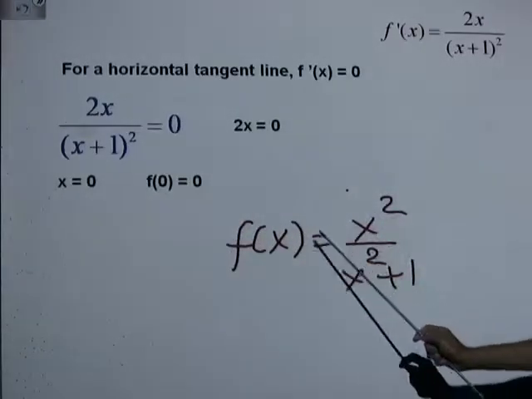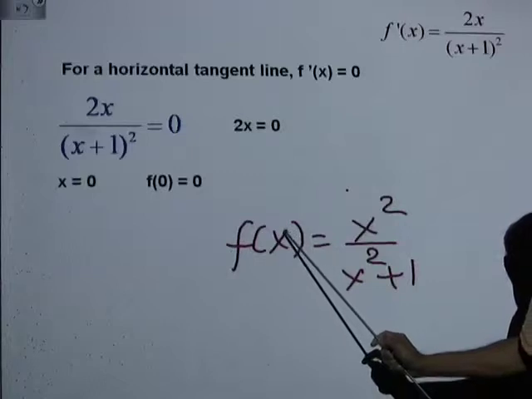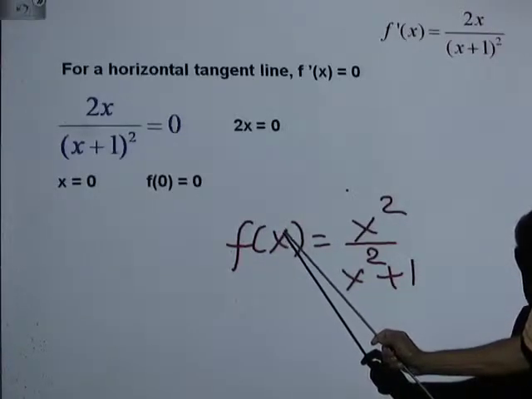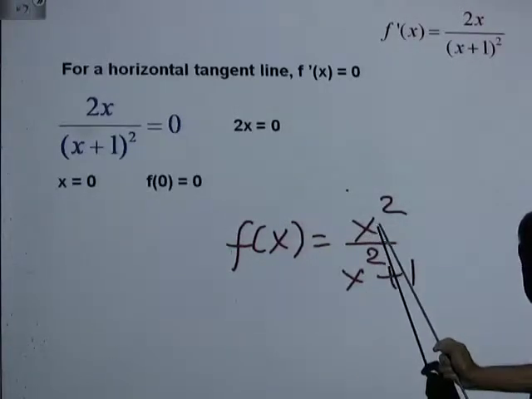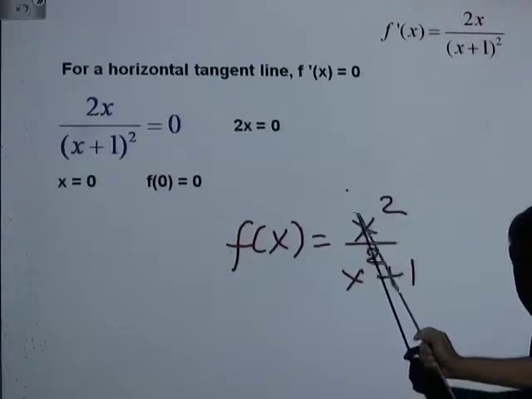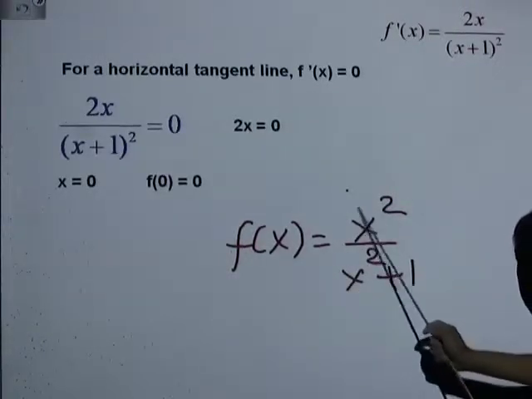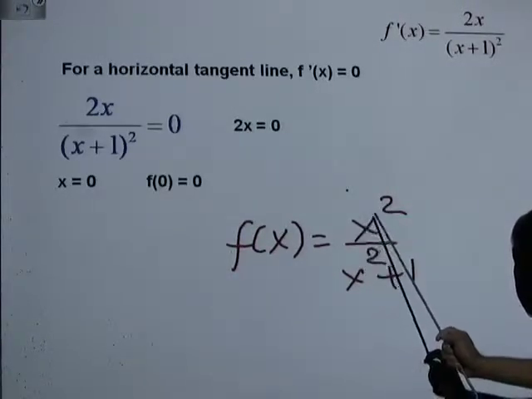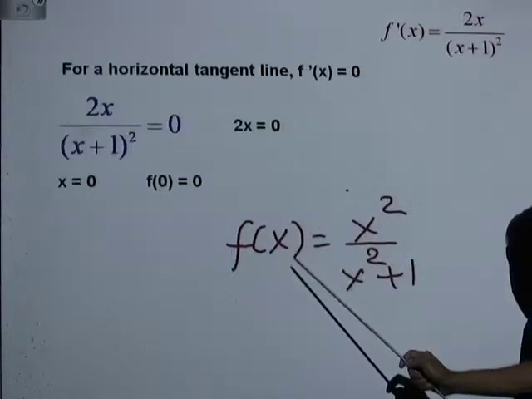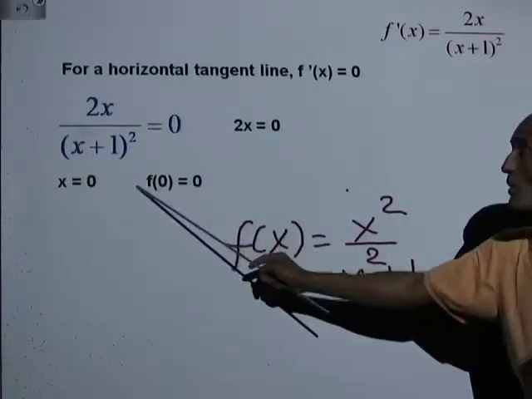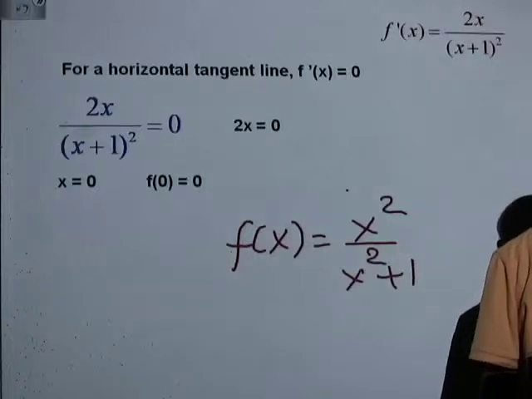Now, what is the value of f of 0? In other words, what is the value of y when x equals 0? When x equals 0, this whole thing will be 0. That means when x equals 0, y also equals 0, or f of 0 equals 0.